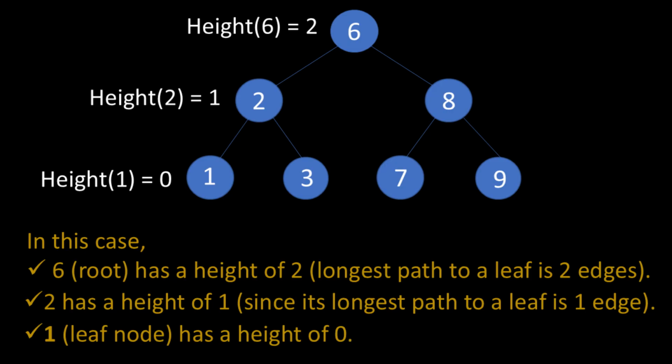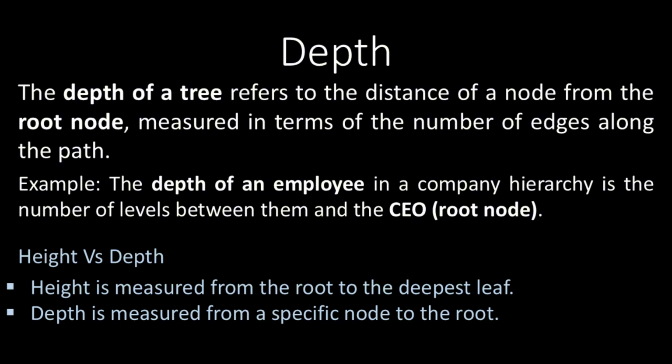The last topic is the depth. The depth of a node refers to its distance from the root node, measured in terms of the number of edges along the path. As an example, the depth of an employee in a company hierarchy is the number of levels between the employee and the CEO. The CEO is a root node.